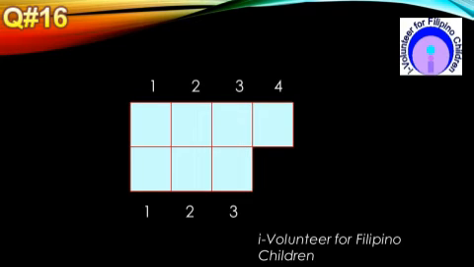Number 16. What fraction names the white squares? The answer is 7/7, or it can be 1.